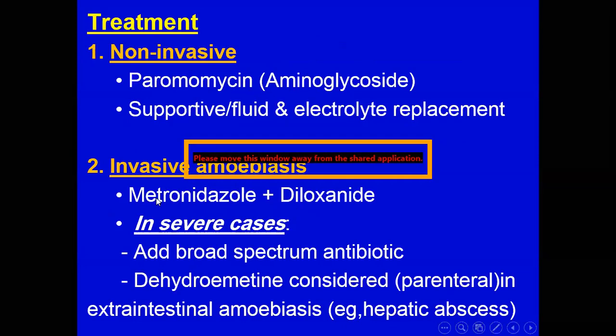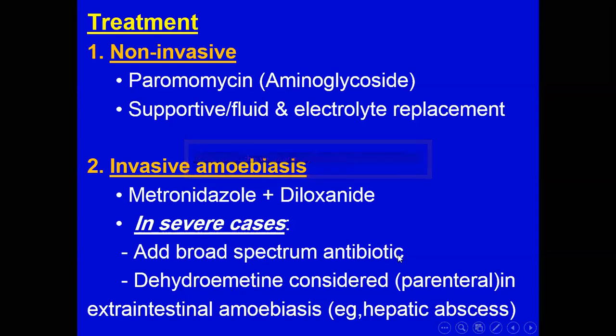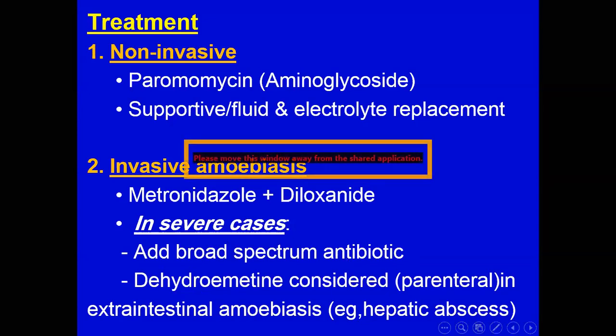Remember, metronidazole and diloxanide. In very, very severe cases, you can add a broad spectrum antibiotic, because we said secondary bacterial infection is common, and you know the meaning of a broad spectrum antibiotic.